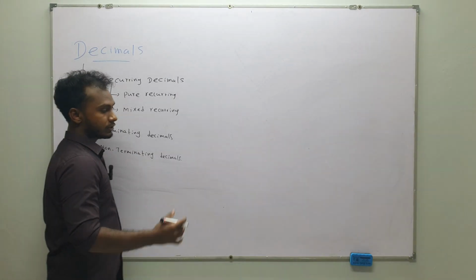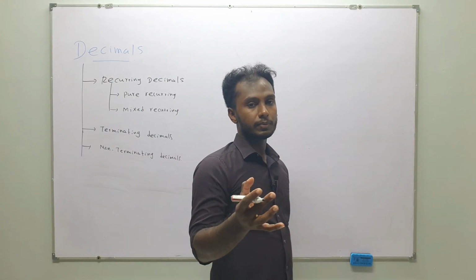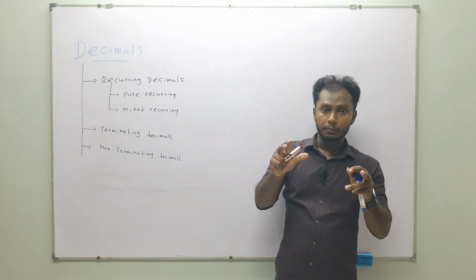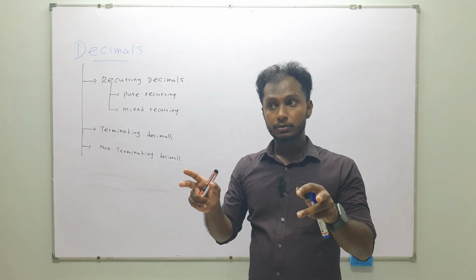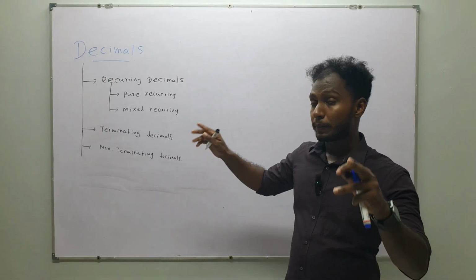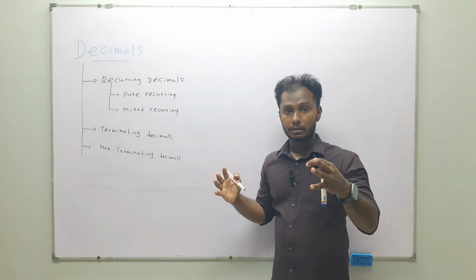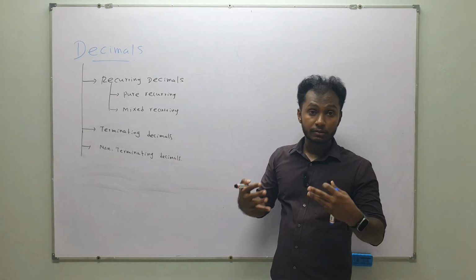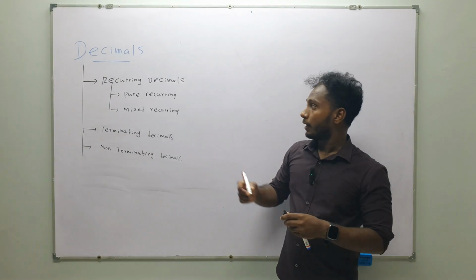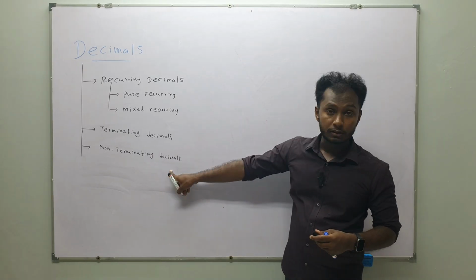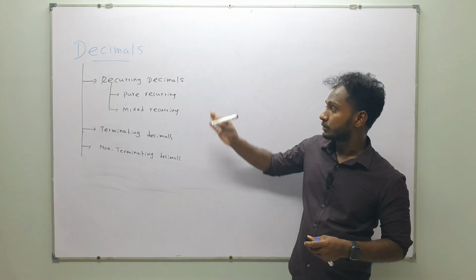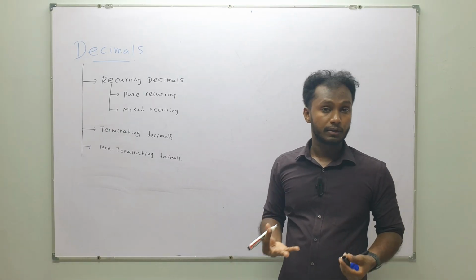Okay, so these terms, the terminating decimals, the non-terminating and the recurring decimals. When we were talking about the special numbers, especially the irrational numbers and the rational numbers, we introduced these terms in the first part of the lesson.